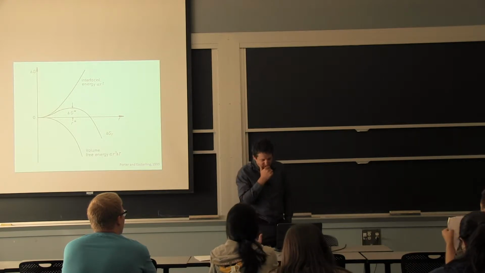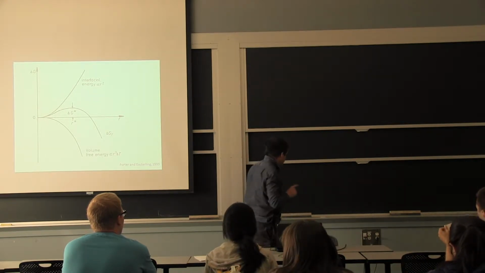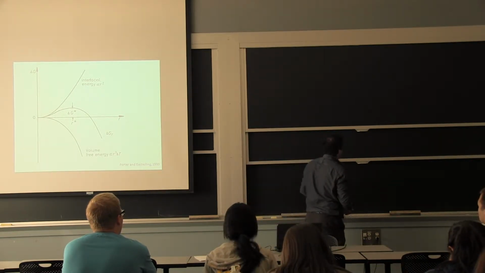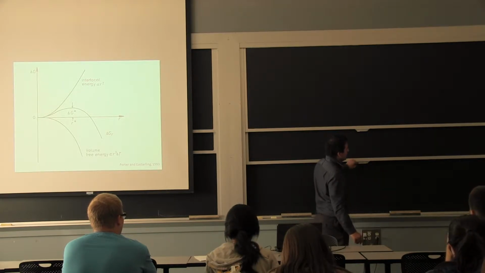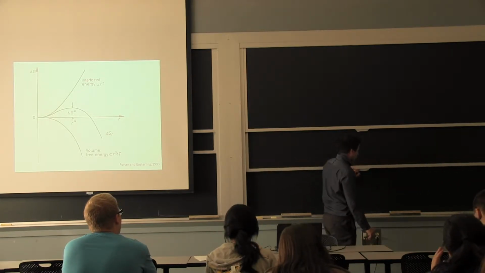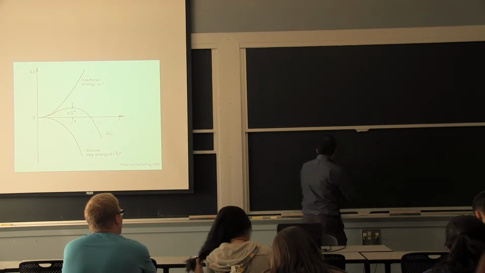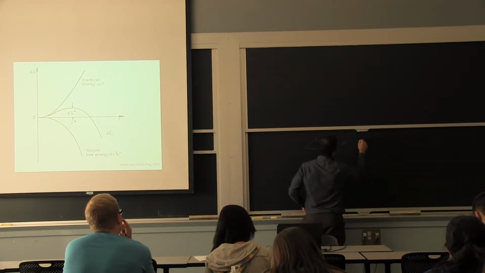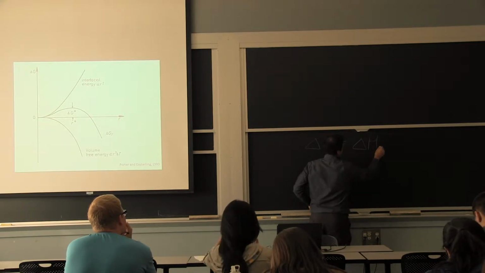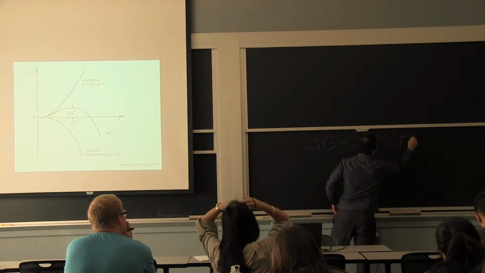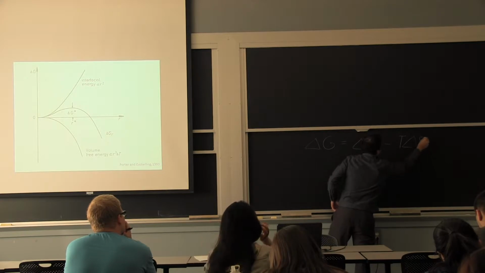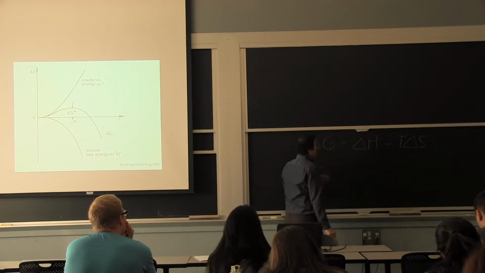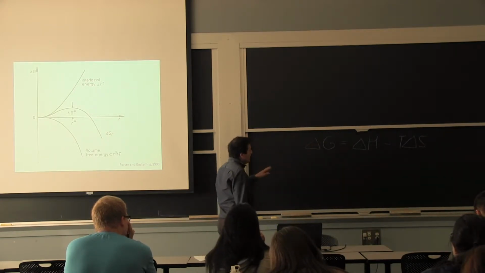So what happens, and we talked about that last time, we said in order to solidify, we need to be reducing the free energy. So the free energy is that delta G, and it's a combination of the internal energy and the entropy of disorder. So when you solidify, you're varying both.